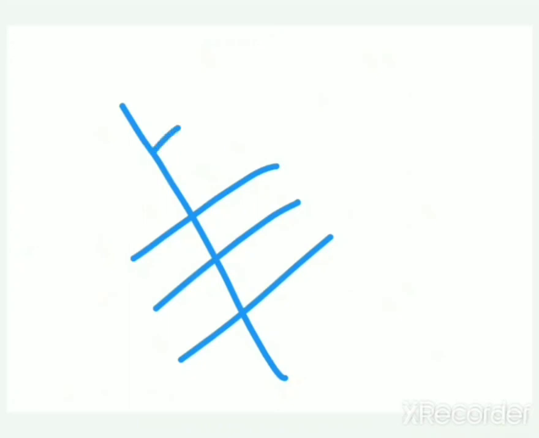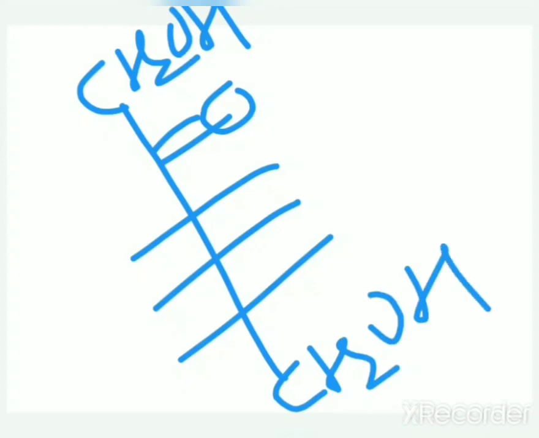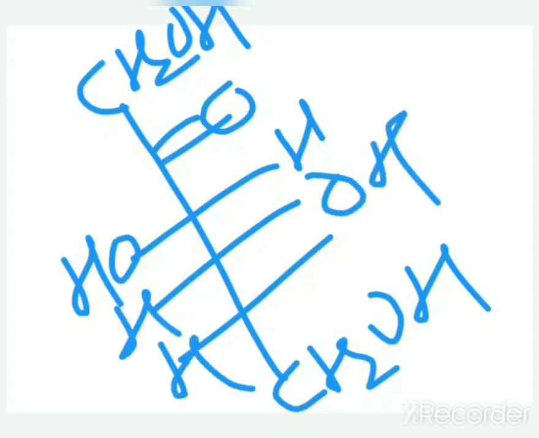Next, fructose. You can draw 3 lines only. On second carbon, you can draw the C=O group. On top CH2OH, bottom also CH2OH. On third carbon OH is on the left side. This is the fructose.